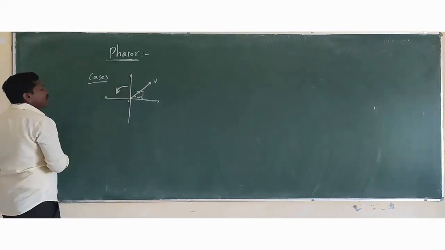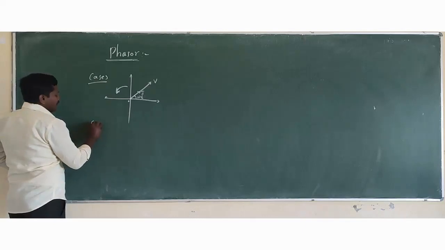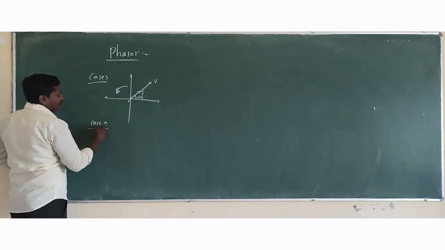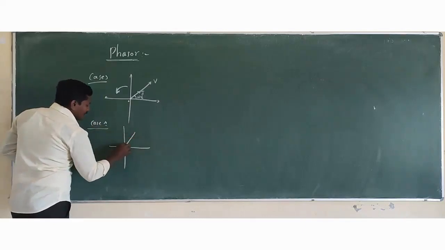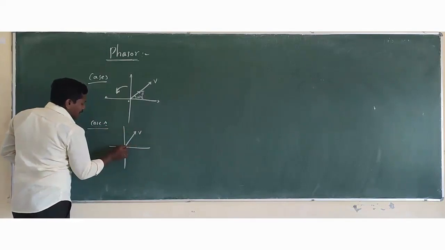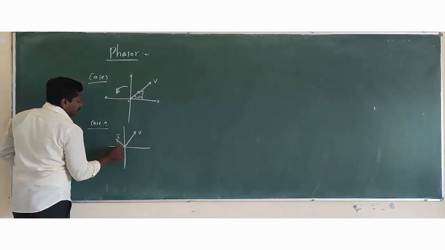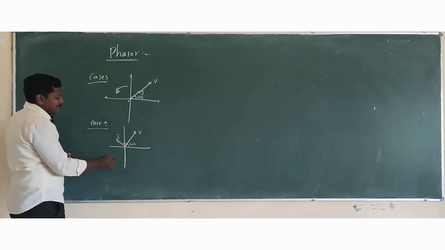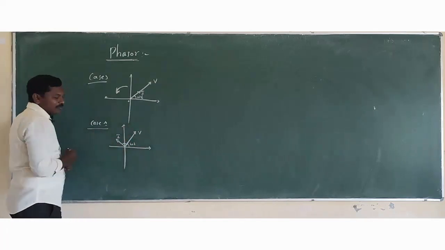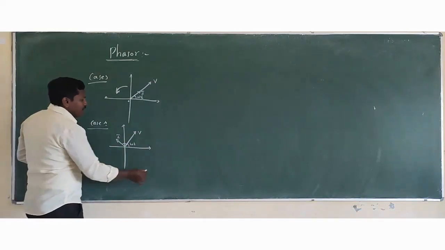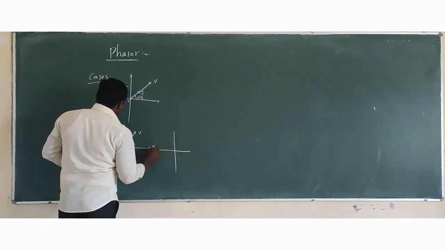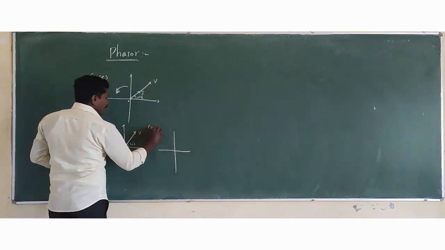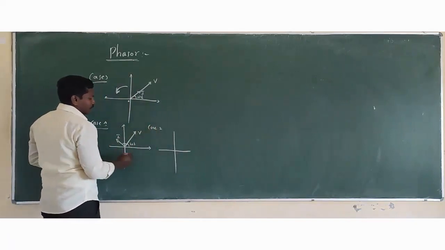We are going to observe the different cases. That is case number 1. So this represents a voltage and this represents a current. How we are going to get this, we will discuss later one by one. And we are also going to observe a second case, that is case 2.